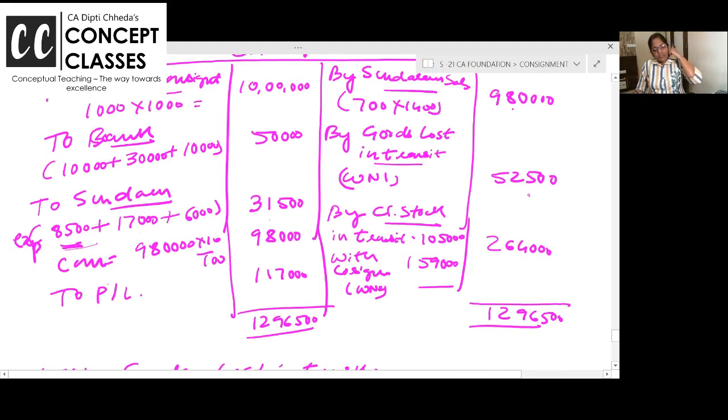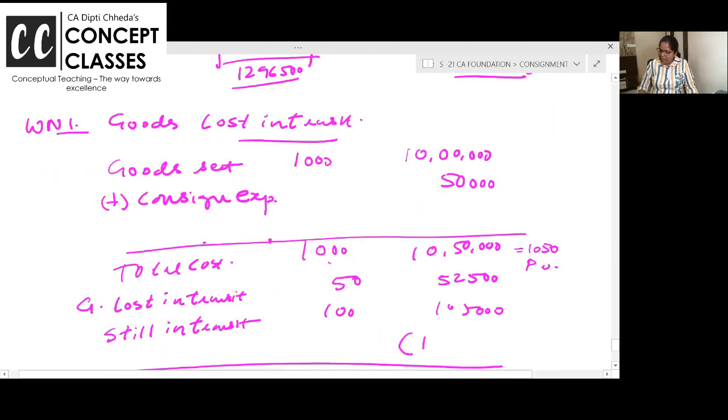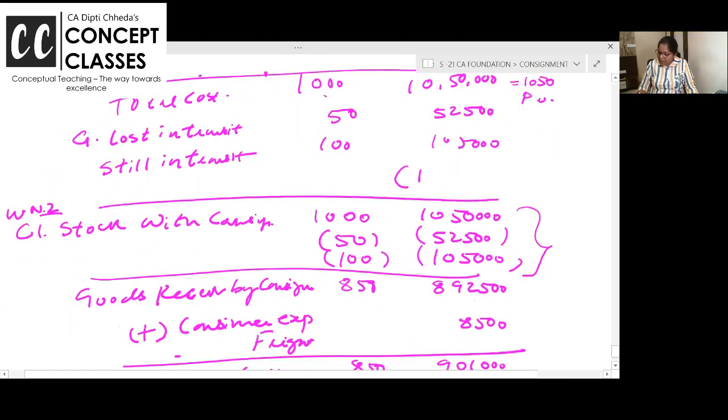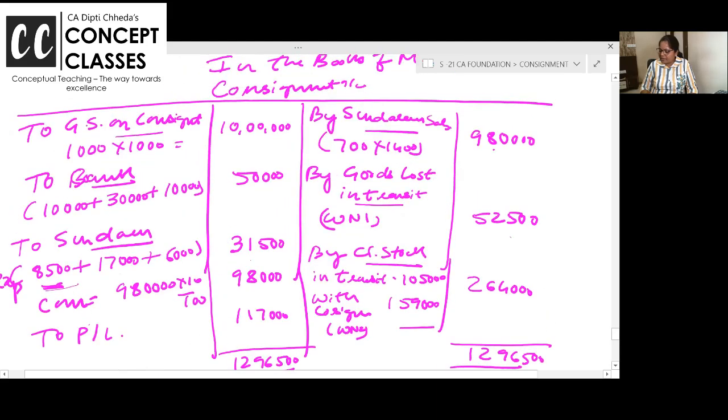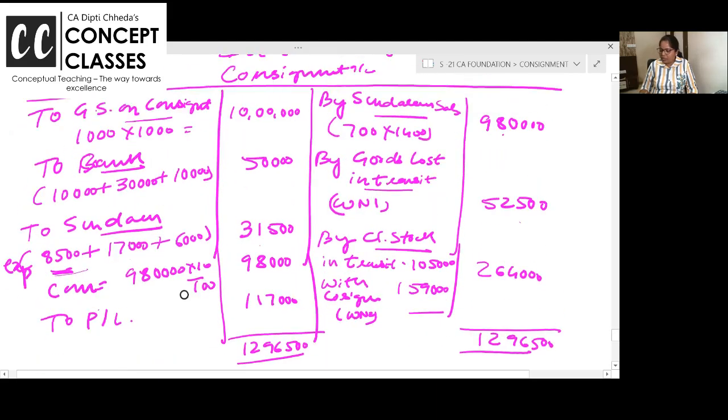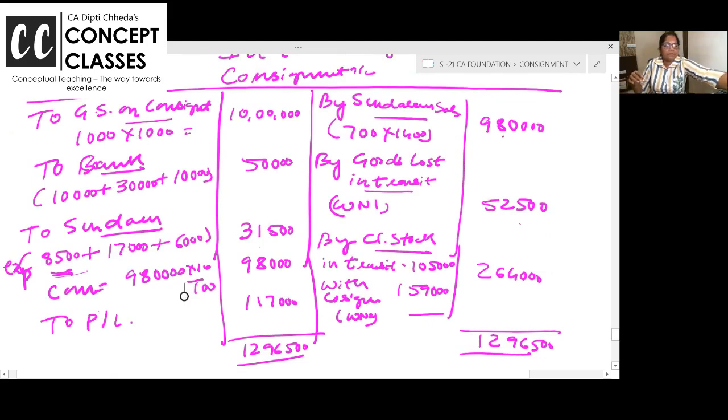Actually loss in transit is completely an abnormal loss because there is no insurance company. Closing stock we know. In transit, still 100 units are in transit. Come down, add consignee's expense for closing stock. Don't take all consignee's expense, only non-recurring. And total cost you have got 1,59,000. Check, all clear or not?